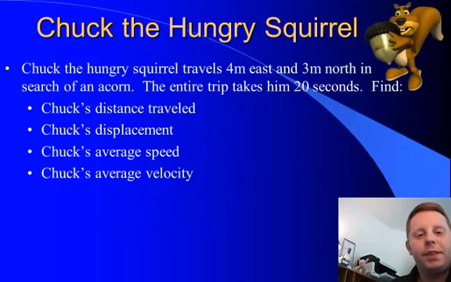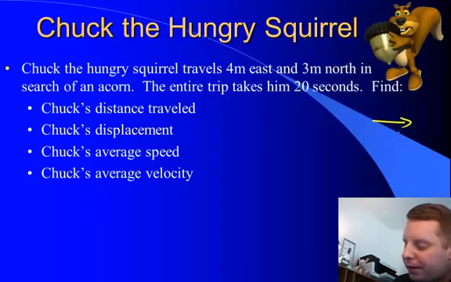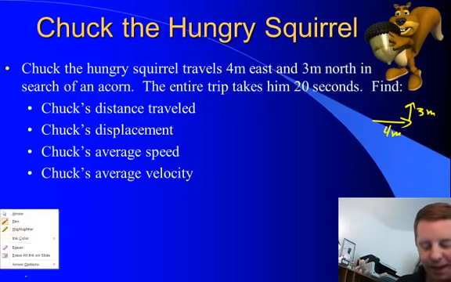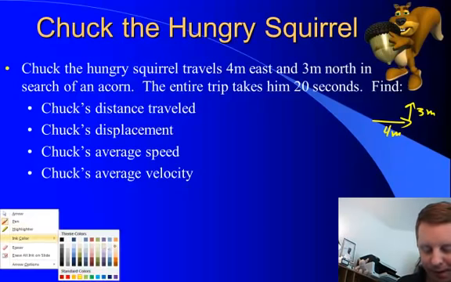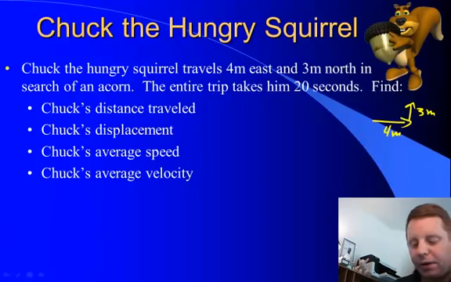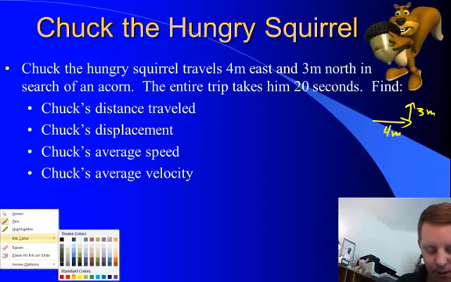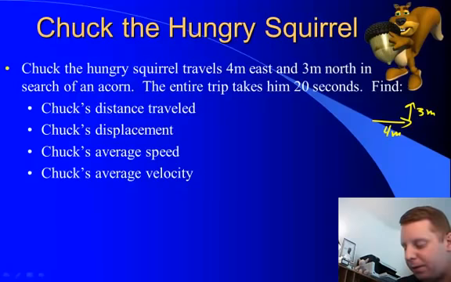Let's see if we can't put this all together as we talk about a problem involving our friend Chuck the hungry squirrel. Chuck travels 4 meters east and then 3 meters north in a quest to find a lovely little acorn. As he's on that quest, we want to know his distance traveled. Well, distance traveled is pretty straightforward. If he went 4 east and 3 north, he must have traveled a total distance of 7 meters.